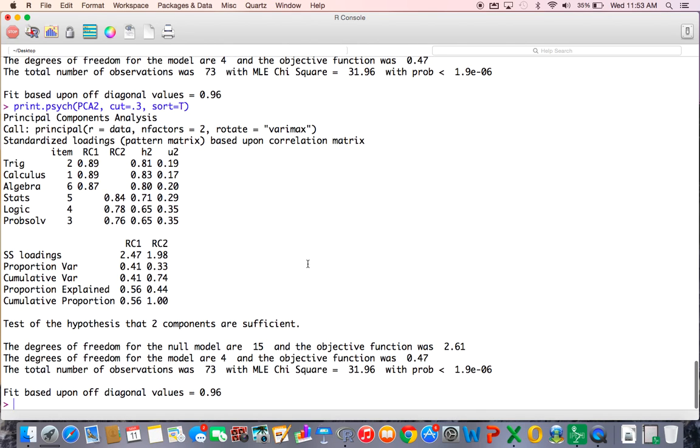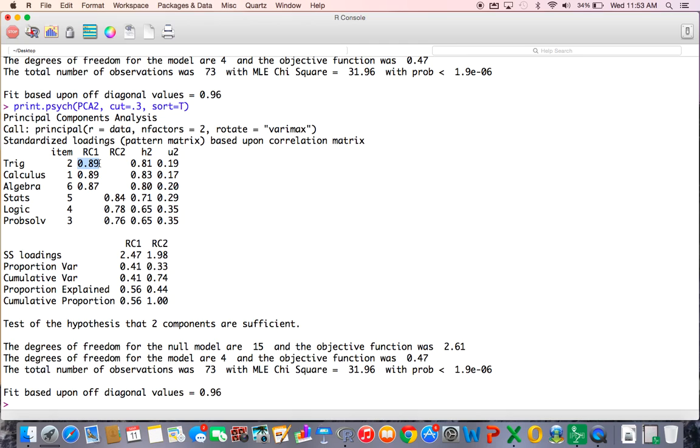So again, I'm feeling really, really good. Okay. Now, what do these numbers mean under RC1 right up here? These loadings.